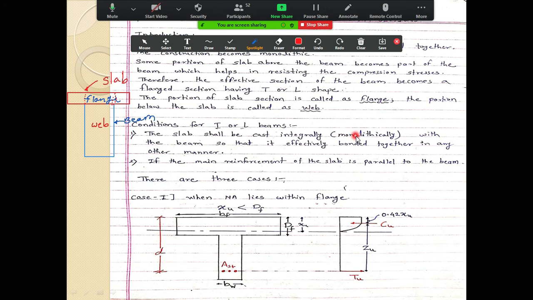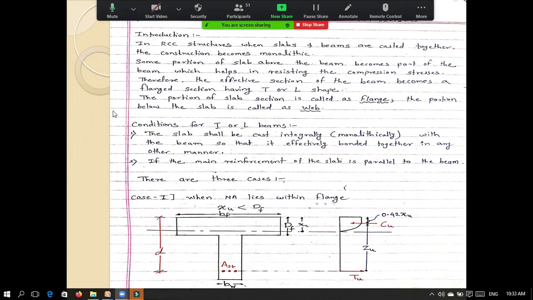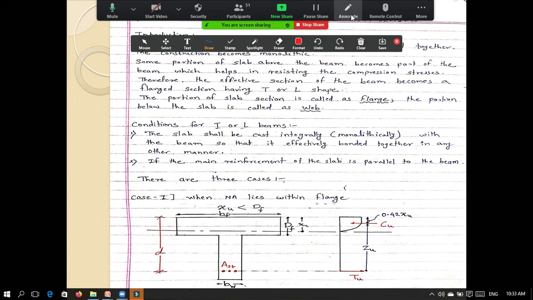Integrity means what? Unity. The parallel word I am telling you, unity, it is like same, it is like uniform, all the properties of the material are same. Okay, that is called as integrally or monolithically. So the slab shall be casted monolithically or integrally. That is the first thing.